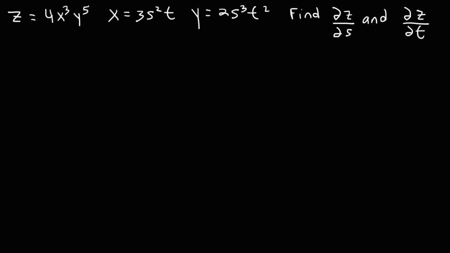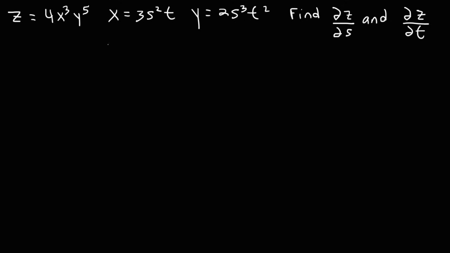We're given the functions z, x, and y, and we need to find the partial derivative of z with respect to s and the partial derivative of z with respect to t. Now, this problem is similar to the last problem, but the only difference is that in the last problem, x was a function of t only, but this time, x is a function of s and t, and y is a function of s and t as well.